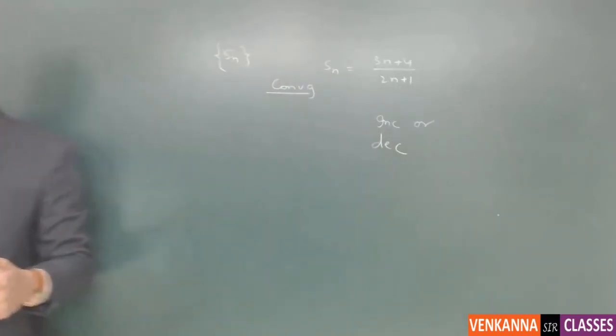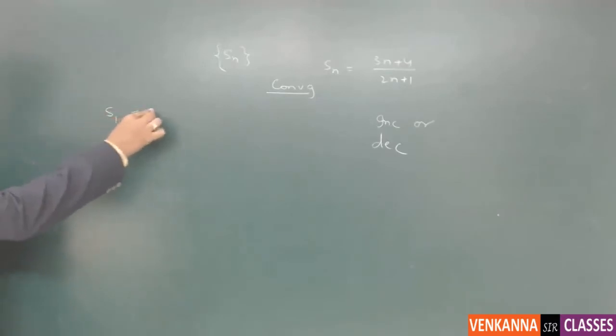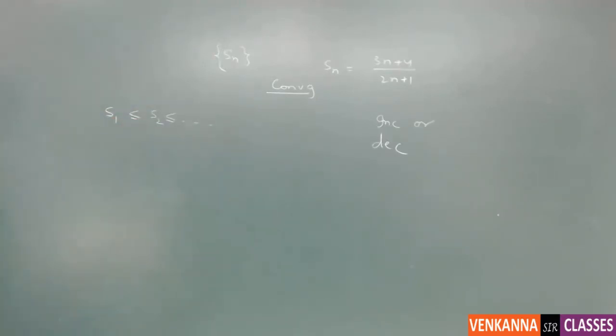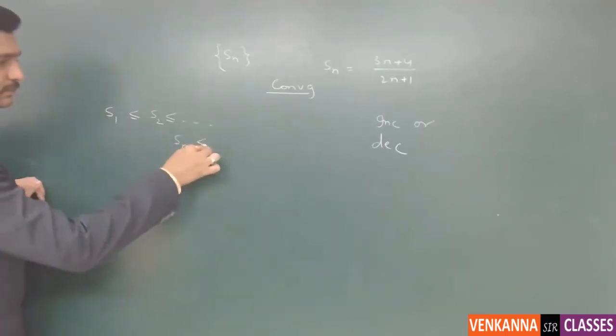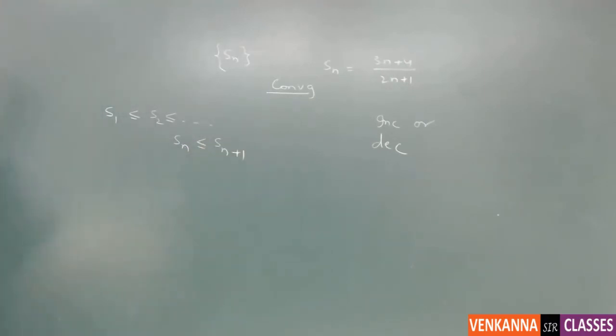If the sequence is increasing, it is of the form first term less than or equal to second term less than or equal to, and so on. So Sn less than or equal to Sn plus 1 is the property satisfied by the terms in the sequence. Accepted?